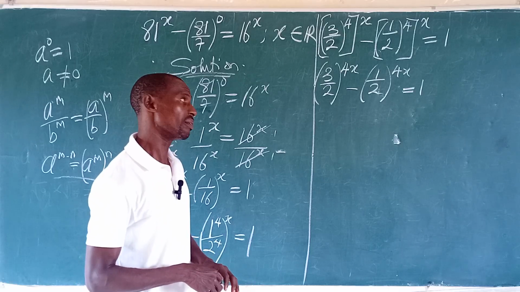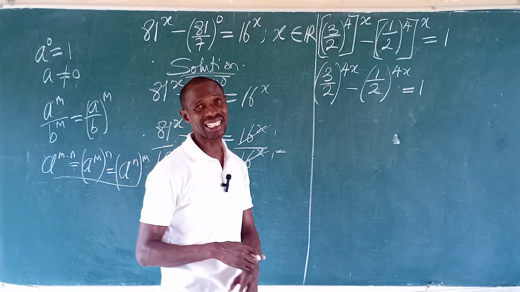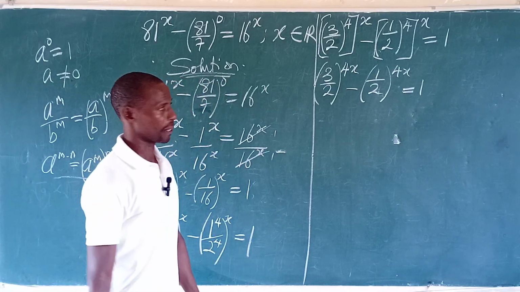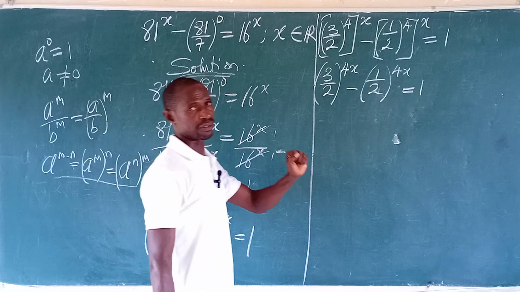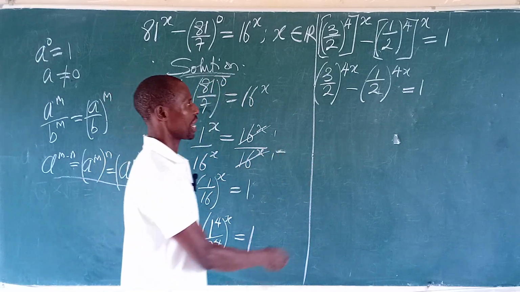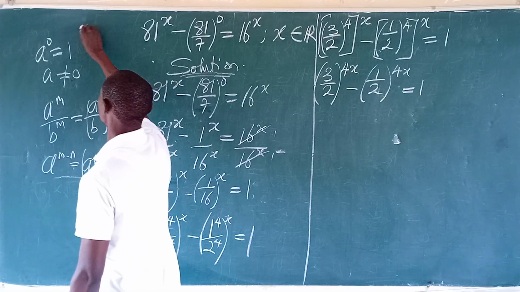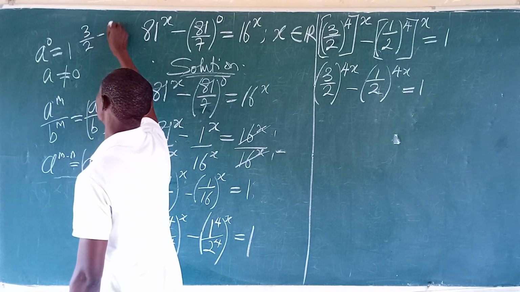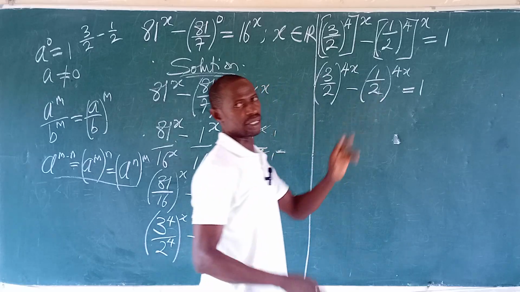But that will take us a long time. So all we just need to do is to look at the quantity we have inside the bracket here. Here we have a denominator of 2, here we have a denominator of 2. So if we bring out these 3 over 2 and 1 over 2, what do you observe?